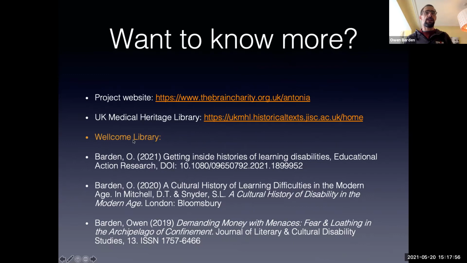And there's a link, I'll update this on the PowerPoint that you get on Moodle, to the Wellcome Library, which is another huge archive of medical heritage material, including stuff around learning disability. Plus stuff that I've written and published about this if you want to get more scholarly.